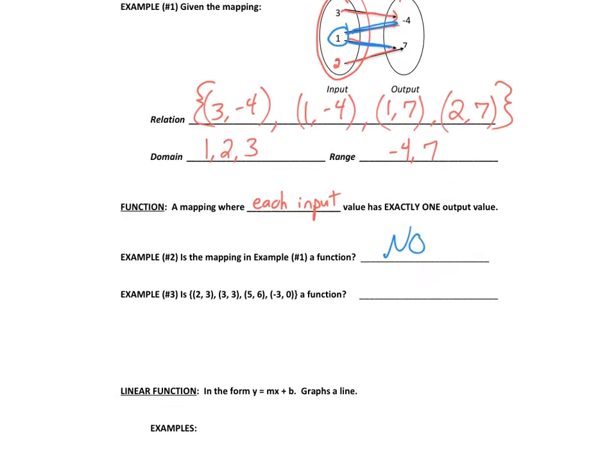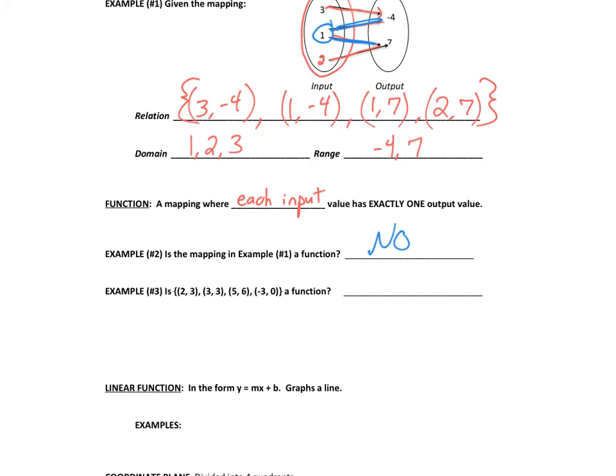And example 3 says, is this listed relation a function? So what I'm going to do is I'm going to make a mapping for this. I'm going to put my x's here, my y's over here, and I'm going to map them out. So the x's are 2, 3, 5, -3.